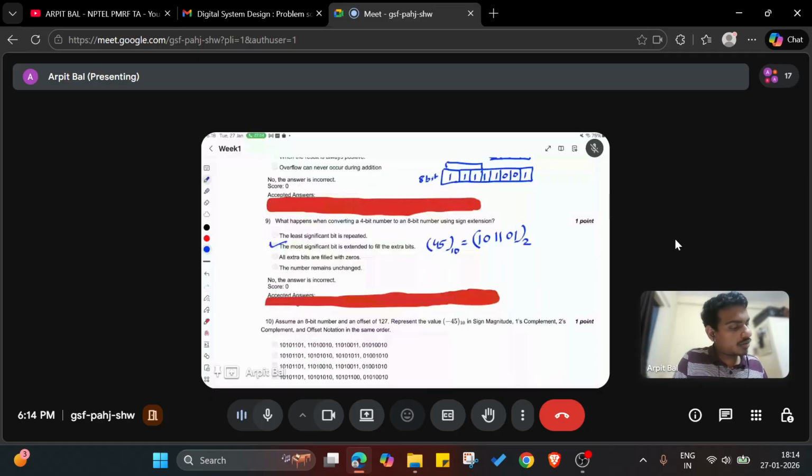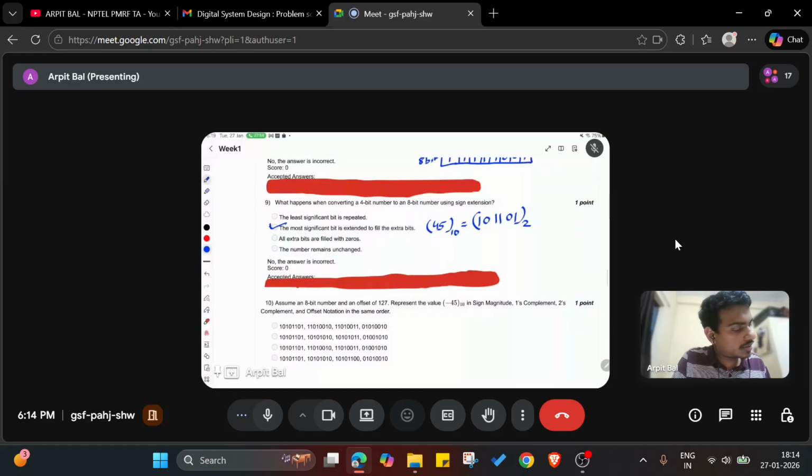Now I have to represent this number in sign magnitude form, 1's complement form, 2's complement form and offset notation form. To represent it in sign magnitude form, first I need to make it 8-bit. I have a total of 4 plus 2, 6 bits, so I need to add 2 more bits. 00101101. So this is the representation for 45 in sign magnitude form.